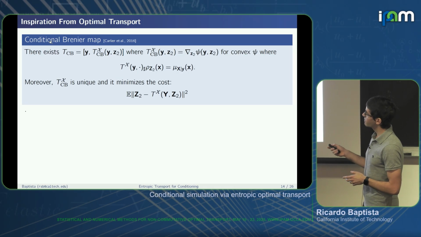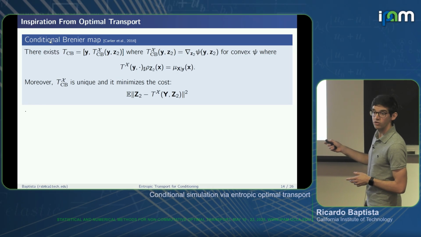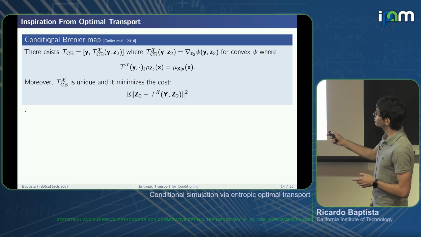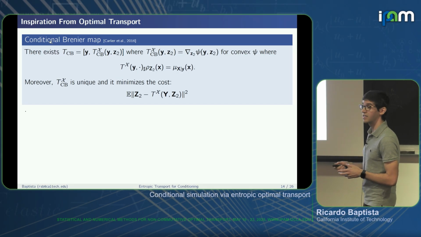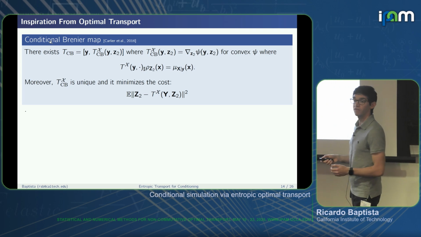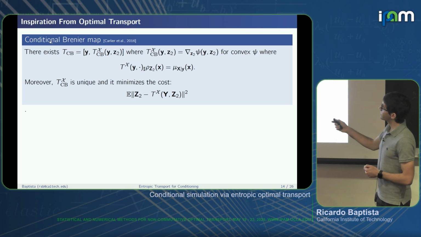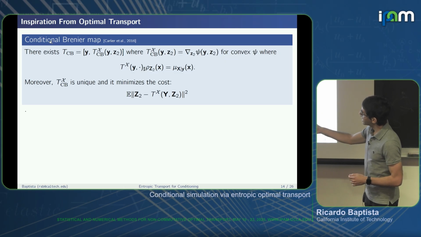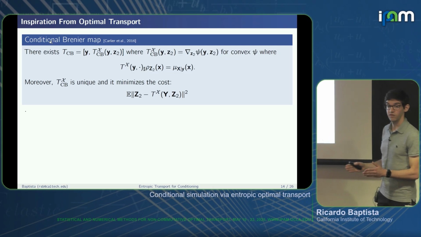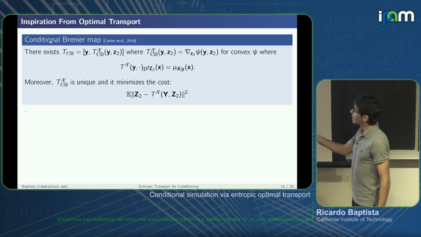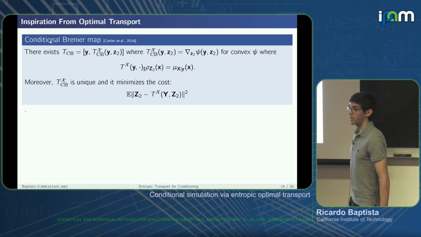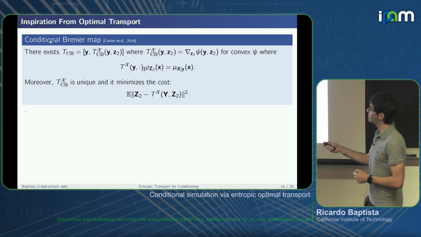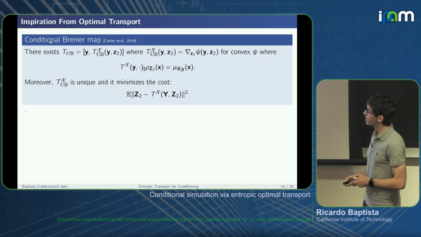It's the idea that if we want to learn a transport from some reference measure rho, let's say of Z2, to a distribution of X conditioned on some additional variable Y, then just like in the standard OT problem, we can find a map that satisfies this push-forward condition for all observation variables Y, which is the gradient of a convex function with respect to the variable that we want to transport.